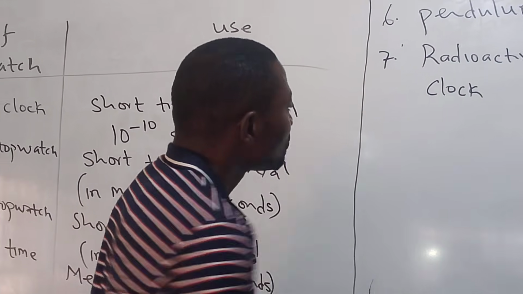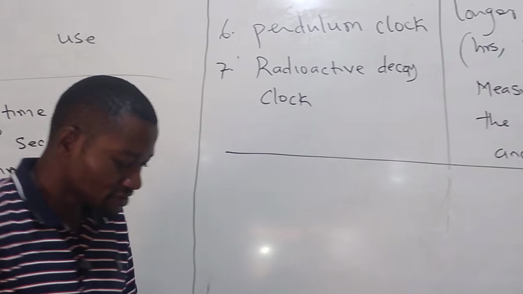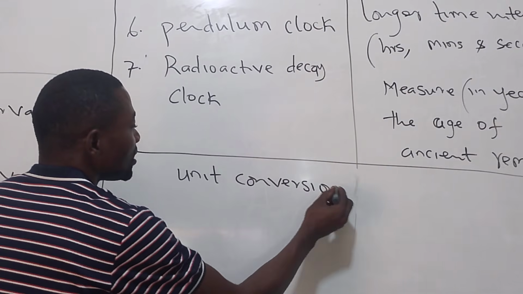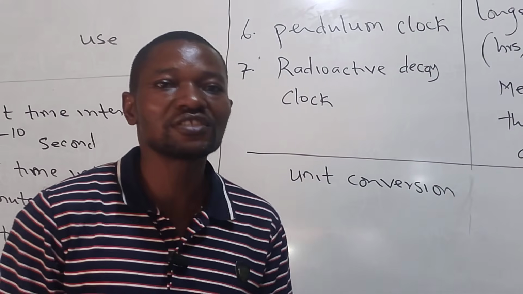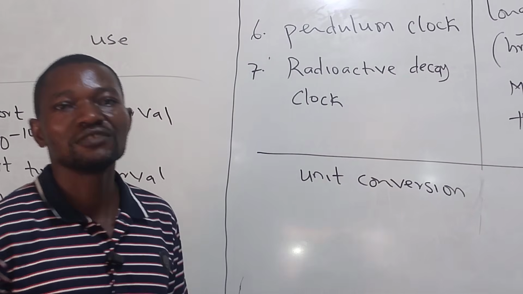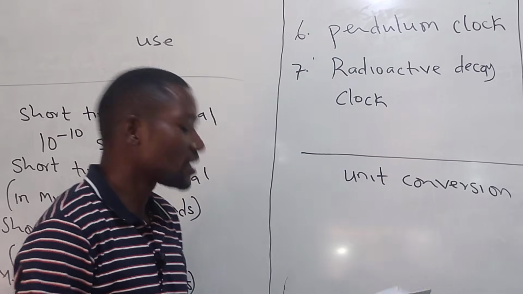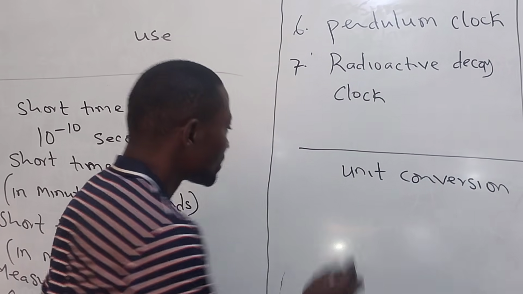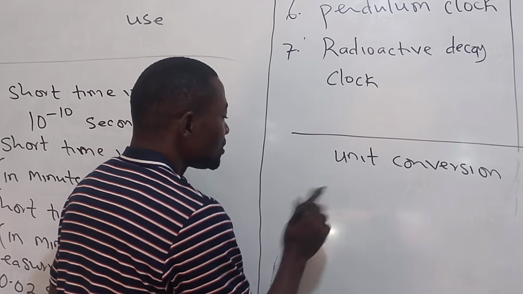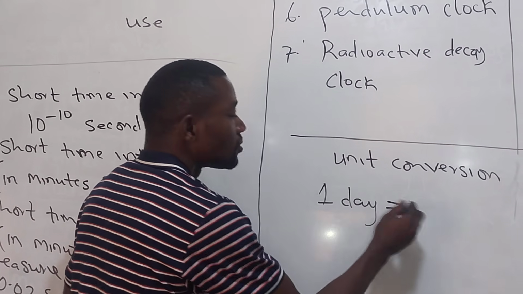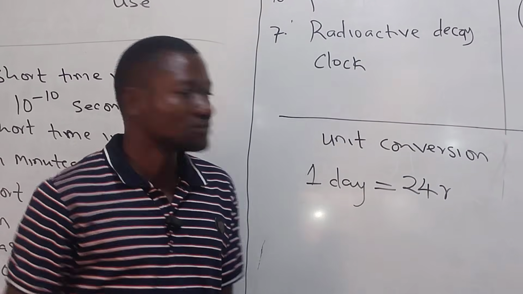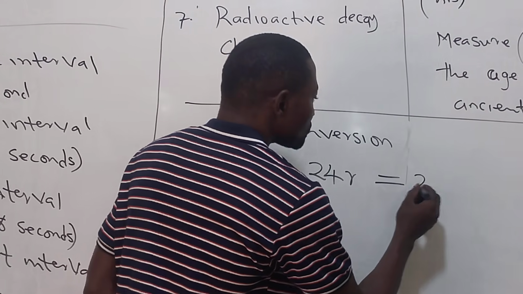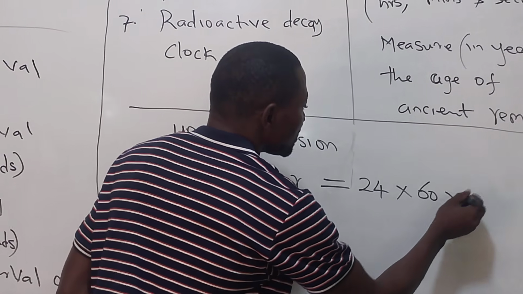So the next thing we want to look at under measurement of time is unit conversion. Earlier we have seen that time is measured in years, months, weeks, days, hours, and even seconds. And it is possible to convert from one unit to another. For instance, in a day we have 24 hours. And these 24 hours, we can convert to seconds. So we have 24 times 60 times 60.